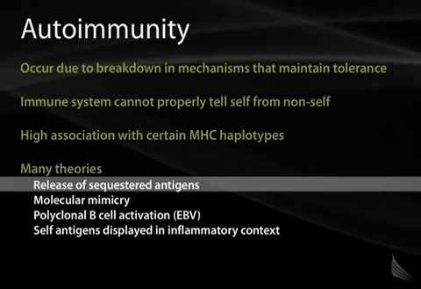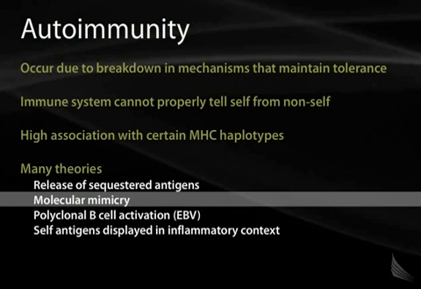Some of these theories include the release of sequestered antigens. We talked about immune privileged sites, so perhaps through trauma or injury, antigens from these sequestered sites become exposed to the immune system and you get an autoimmune response. Another idea is molecular mimicry, which has been shown in certain diseases, for example, Campylobacter jejuni and Guillain-Barré syndrome. Campylobacter has an antigen that's very similar to certain antigens found in your nervous system.